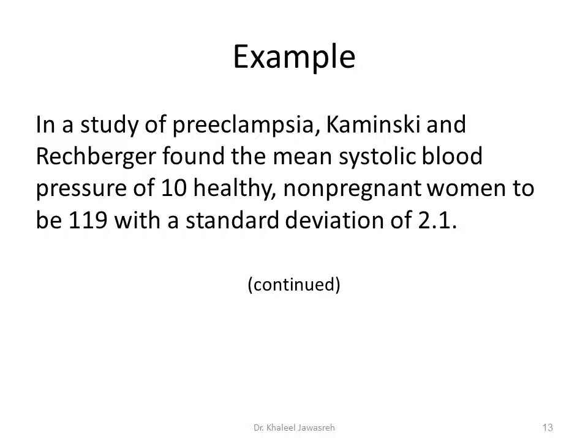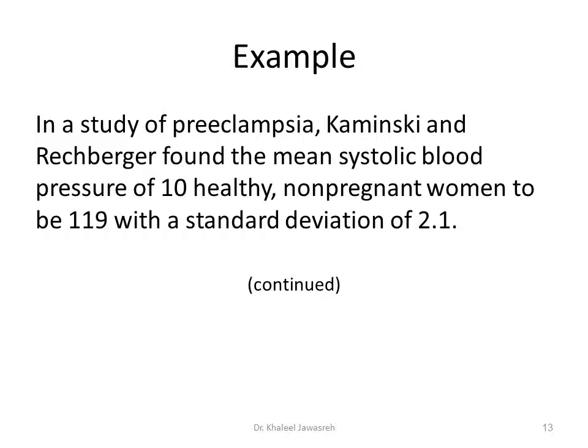This is a study that has been conducted by certain researchers. Those researchers deal with systolic blood pressure. You understand the biological things behind systolic blood pressure in the heart. They took 10 healthy non-pregnant women.